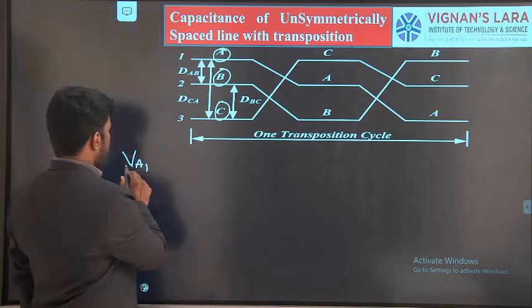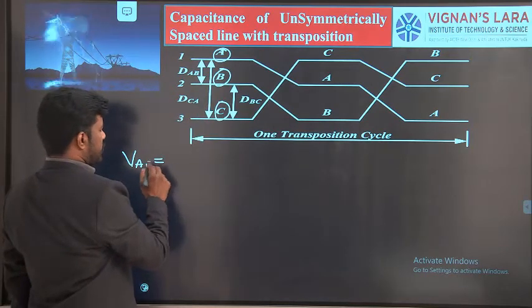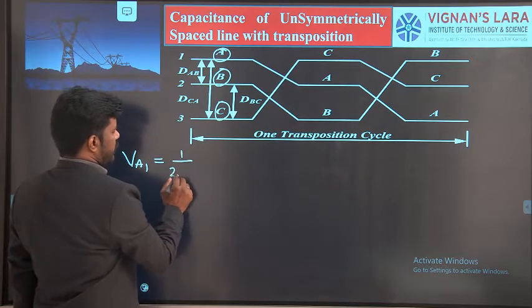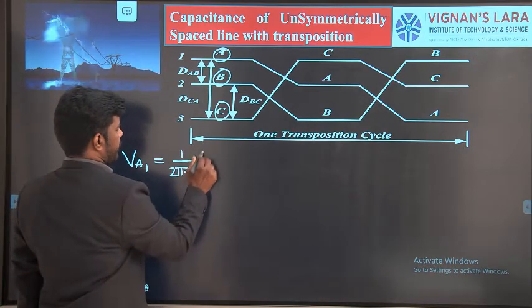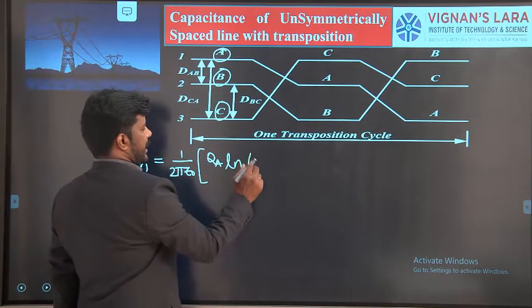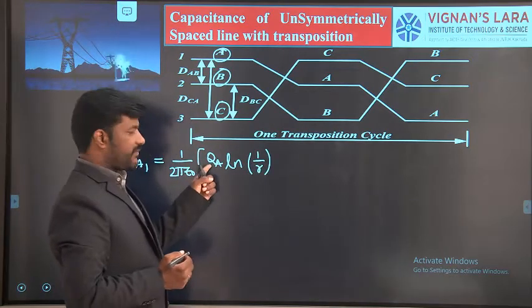So coming to VA1, considering the first section, the magnitude of the potential of conductor A is given by 1 by 2 pi epsilon naught of QA ln of 1 by R, because it is a self-charge.